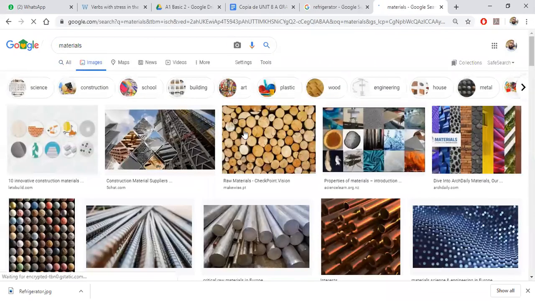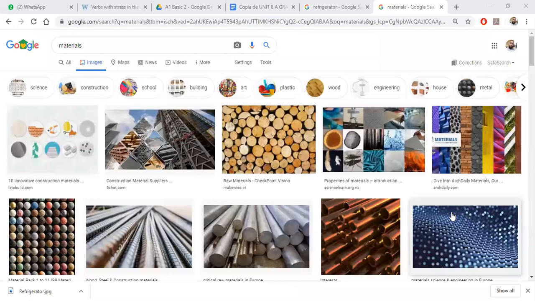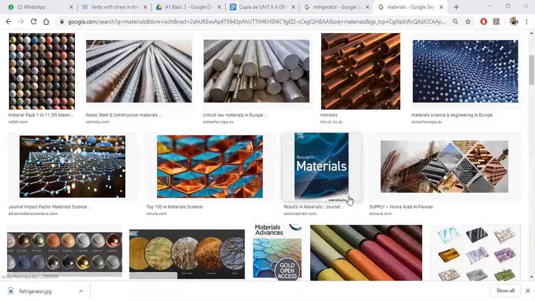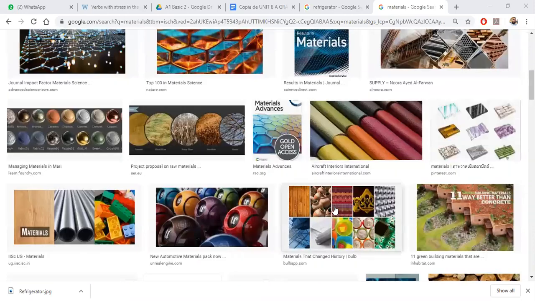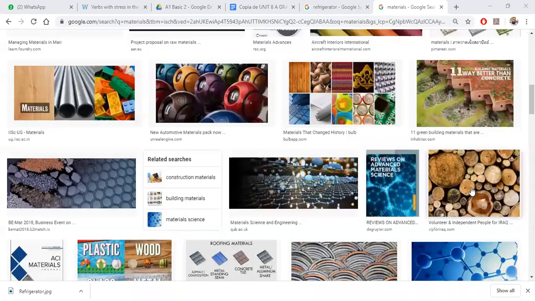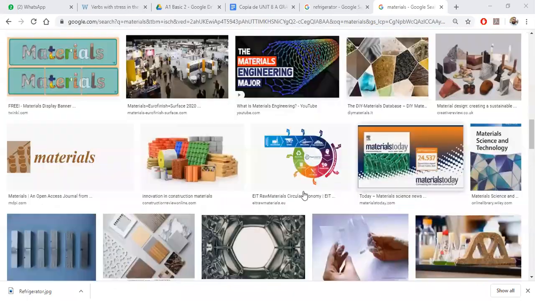Now we got materials. We got different materials here. We got iron, copper, aluminum, glass, leather, wood. So what happens with the materials? We do not count materials. Materials cannot be counted.